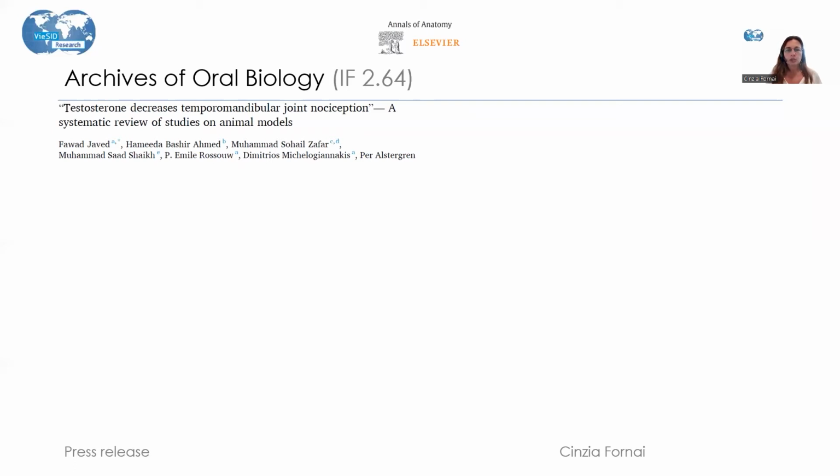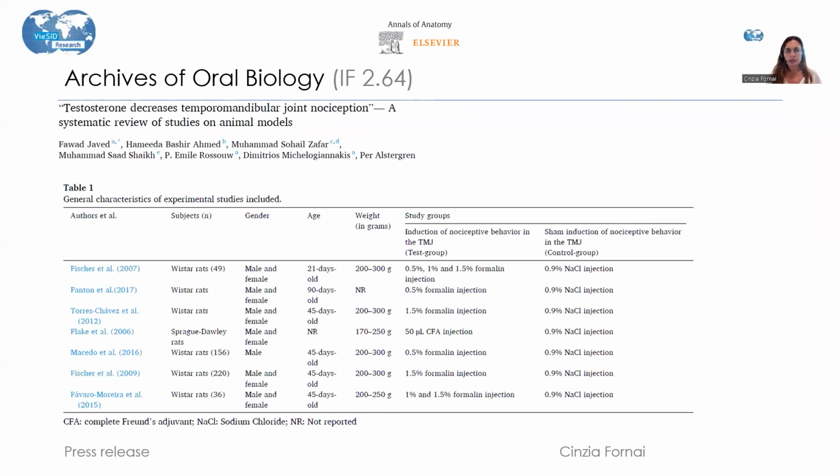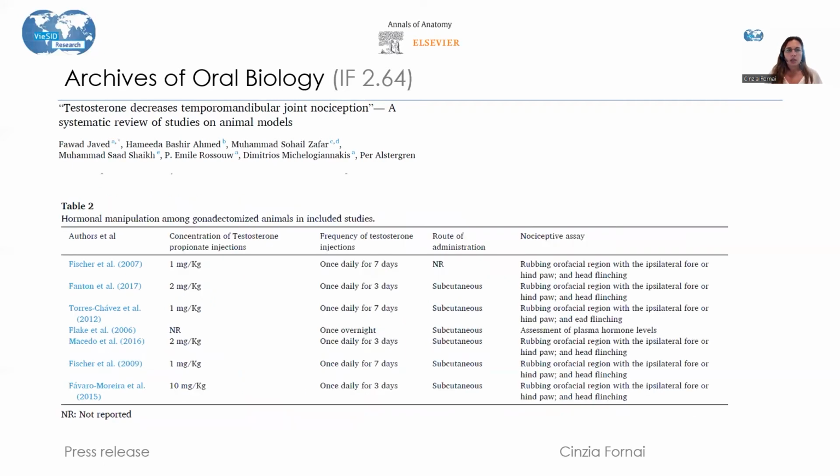The authors included 7 articles using rat models in which pain was induced via complete Freund's adjuvant, which induces inflammation, tissue necrosis, and ulceration. In these studies, testosterone was administered subcutaneously in variable concentrations ranging from 1 to 10 milligram per kilo.